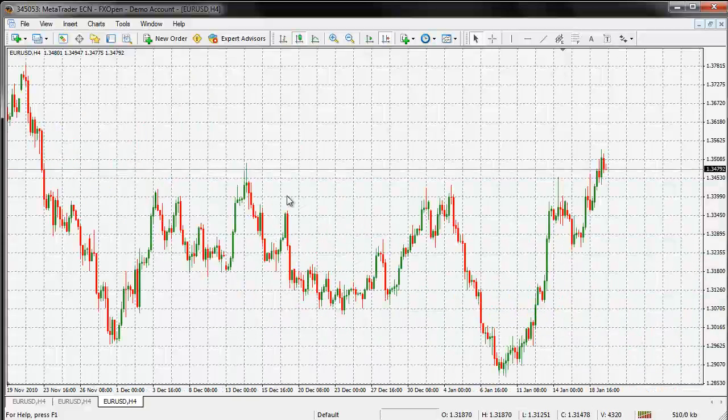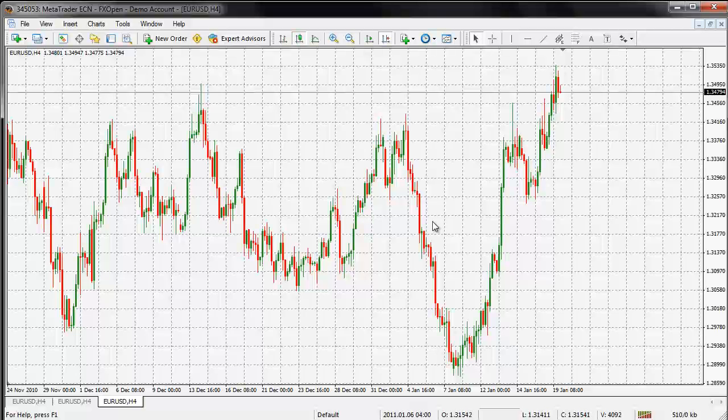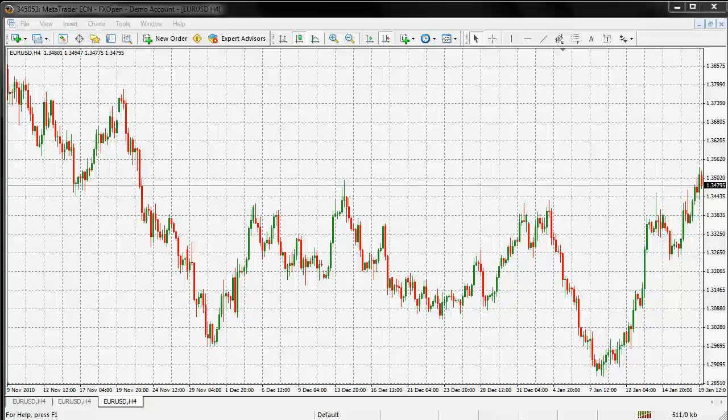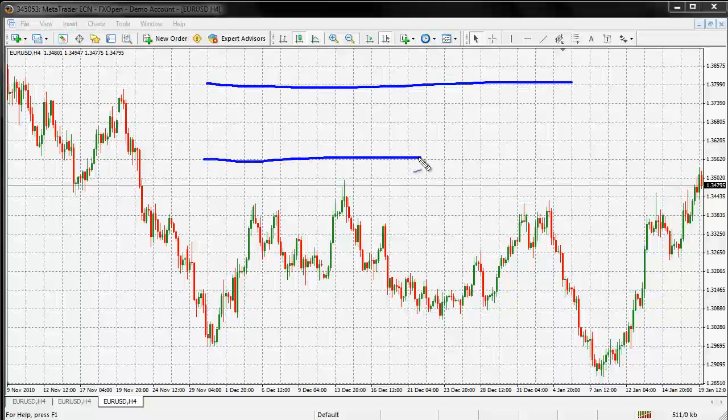Let's show you first of all how we can find some support and resistance levels. Now, what is support and resistance? Let's just draw a line here. This area is the resistance and this is the support.